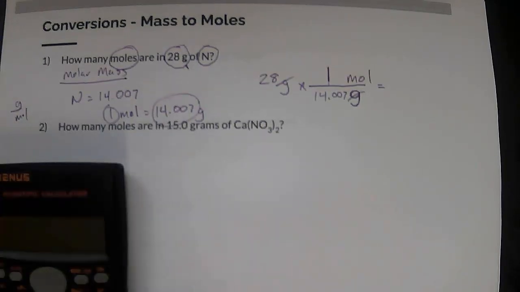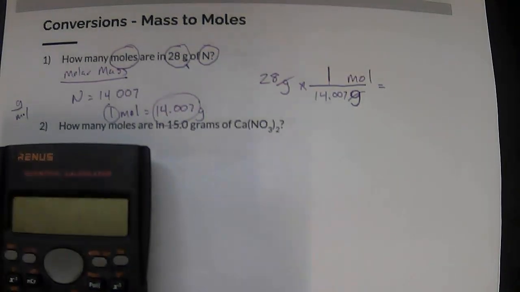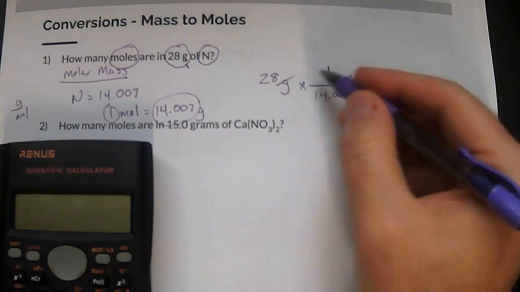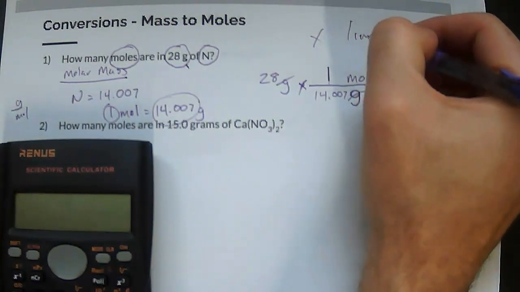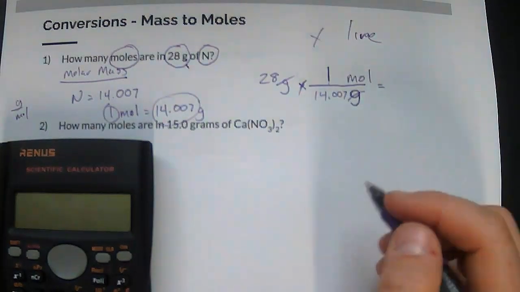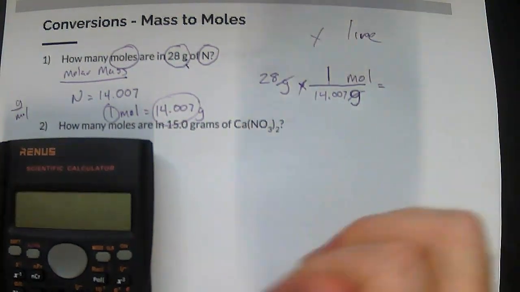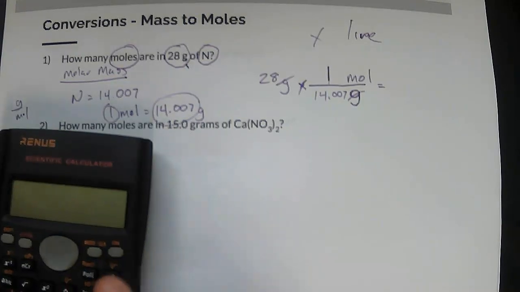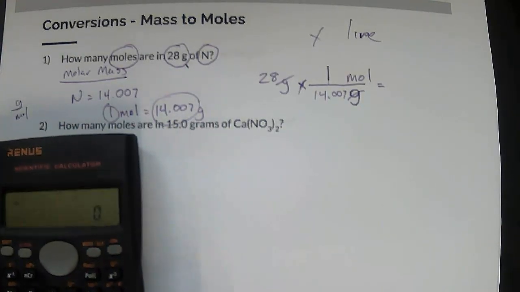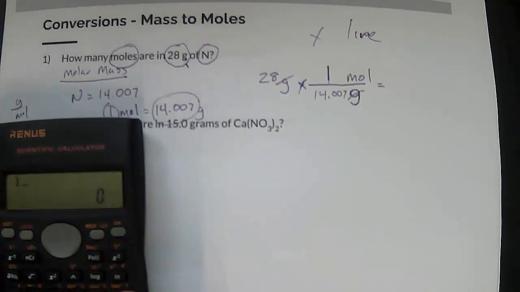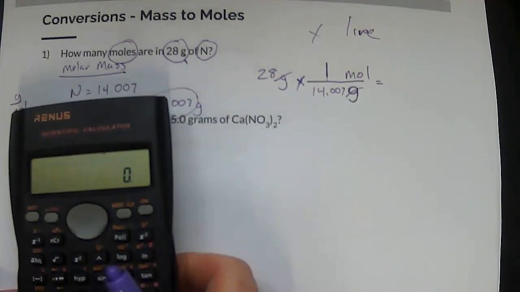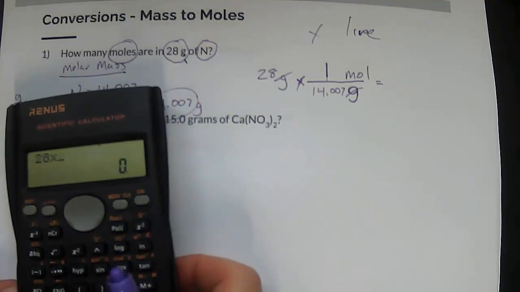Even though this one is set up a little bit different, it's set up the same. Notice we're solving for a different problem. This X line is a great way to solve these sorts of conversion problems. So we're going to do 28 times 1.